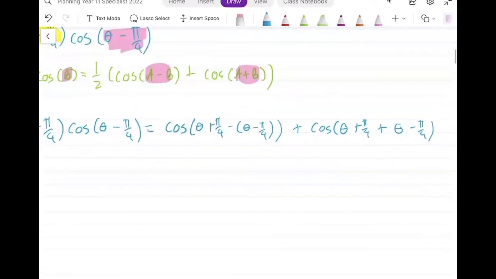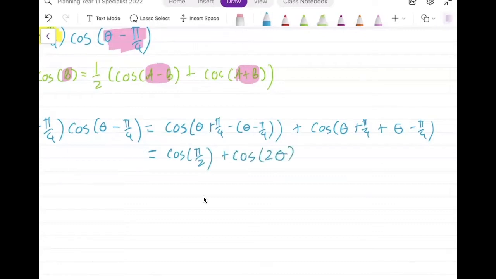If I simplify my angles here, the theta is going to cancel out. I'm going to have pi on 4 plus pi on 4. That is going to give cos of pi on 2 plus cos of 2 theta.